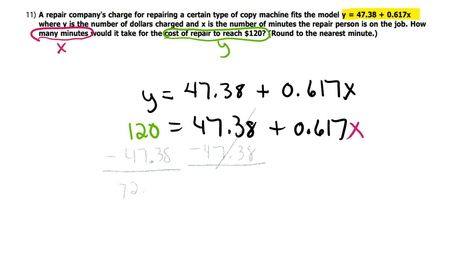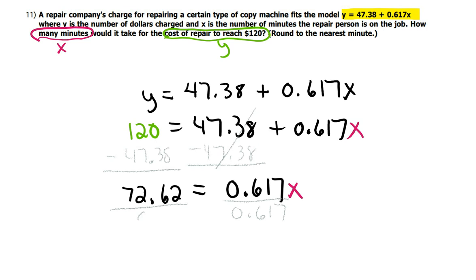Whoops, sorry, I forgot to switch to my pen. And then you still have the 0.617x on the right side, and then just divide off that ugly decimal right there.